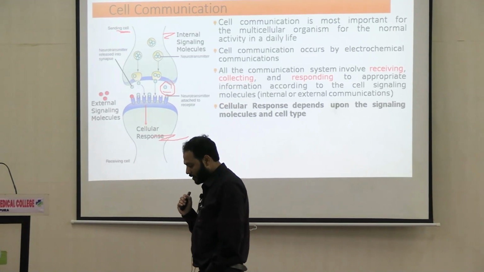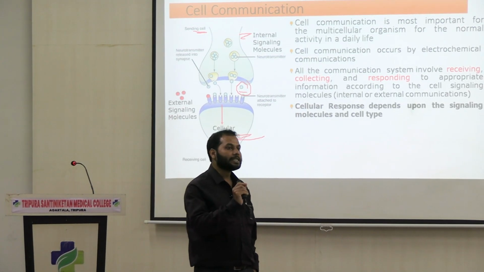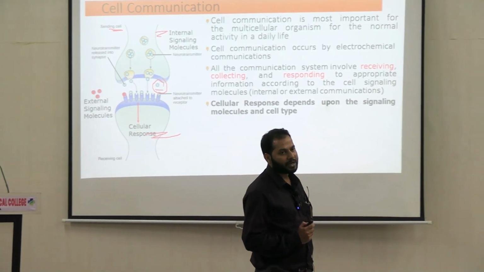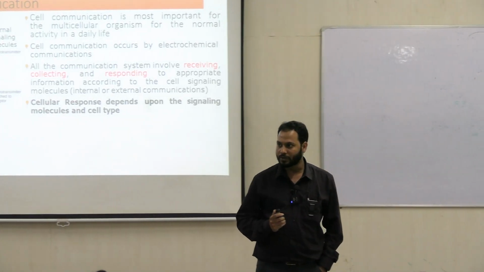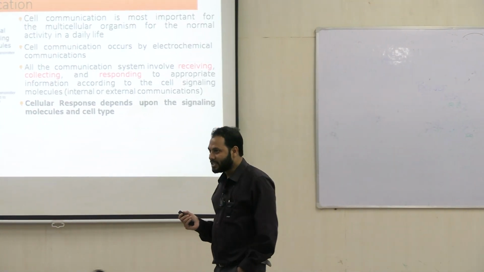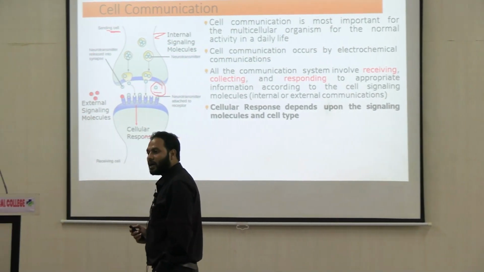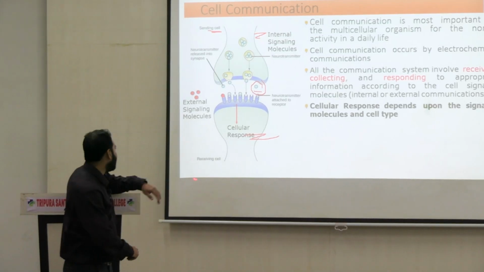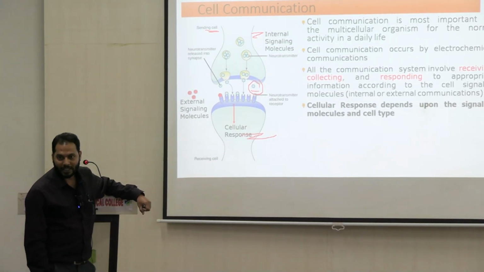So here the second neuronal cell membrane contains specific receptors for both the internal neurotransmitters or internal signaling molecules and for external signaling molecules. As they are very specific to each other, they bind with each other, and once they bind, accordingly the receiving cell gives its response, called the cellular response.